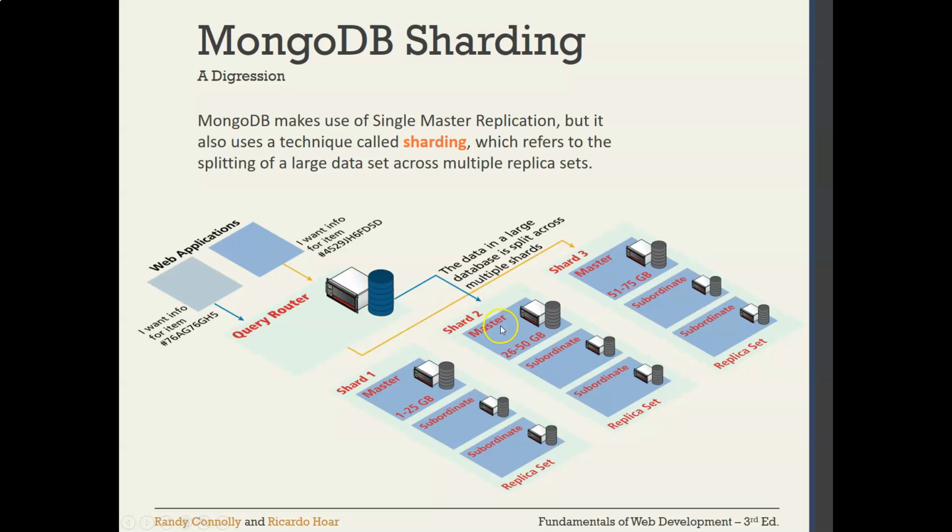So in this example here, instead of having a 75 gigabyte single database, you can see that there are three 25 gigabyte databases. And so we've sharded, we've broken up this large complex database into multiple ones.